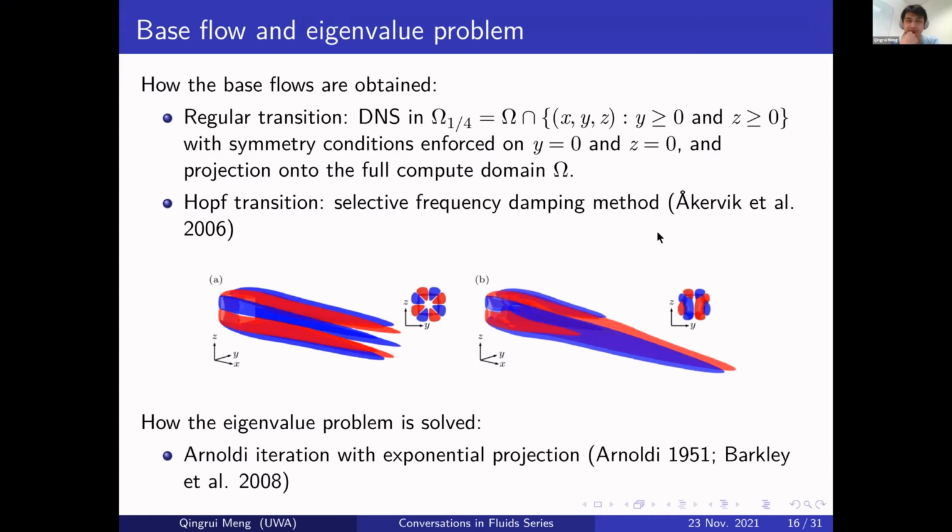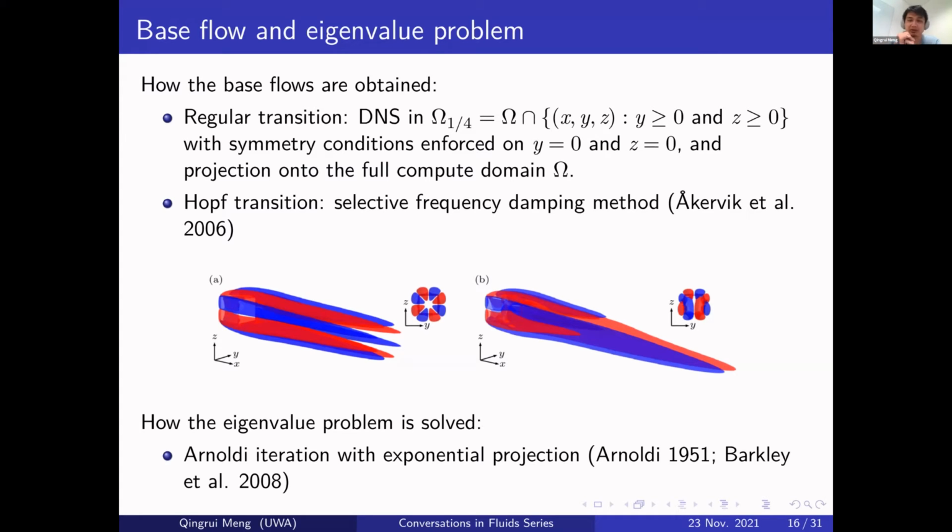For the base flow and the eigenvalue problem, we also put it here simply. For the regular transition, the base flow is calculated by DNS in a confined computational domain.